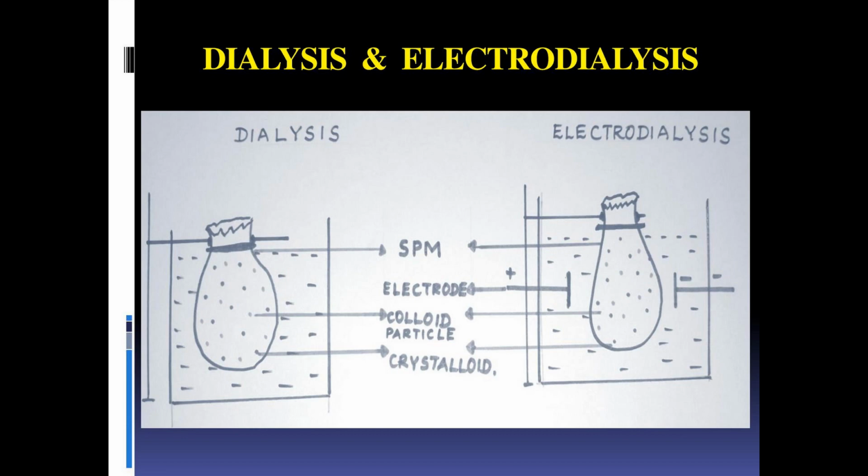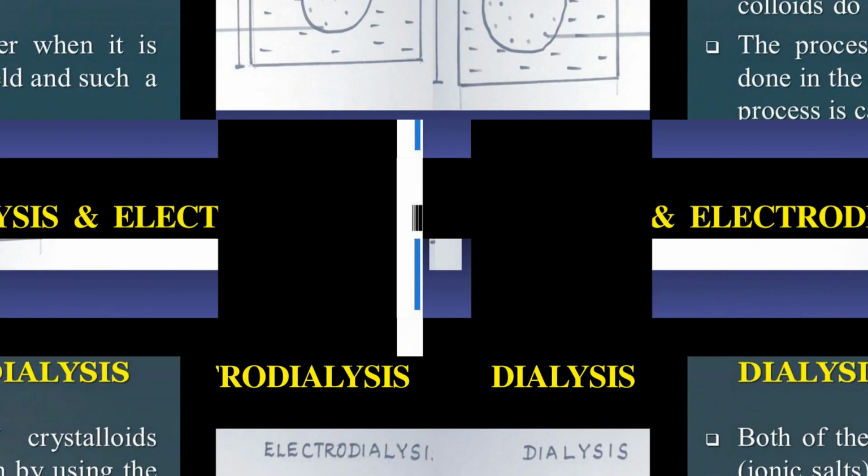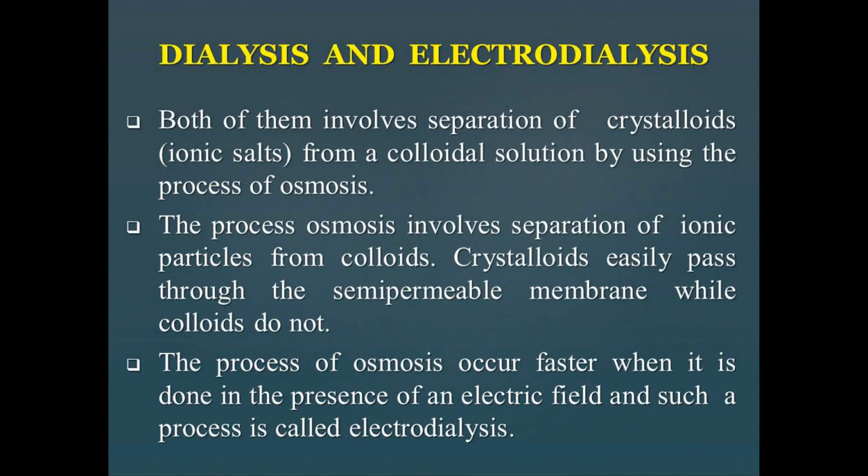Here we see that through the semi-permeable membrane, the molecules of the ionic particles or crystalloids can move easily, whereas the sol particles cannot. Using this principle, the process of dialysis and electrodialysis is done.